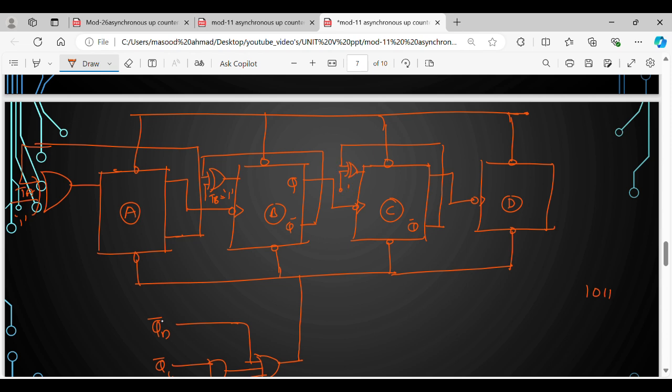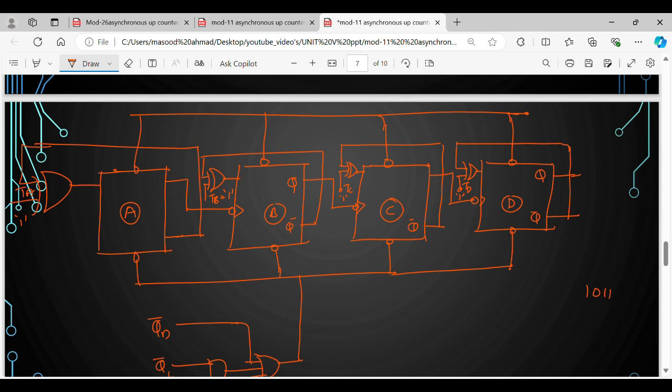This is TC, generally we will connect it to 1. Similarly, this is Q, this is Q bar, connected to the XOR gate, connected to the input, to the feedback. Another input to that is TD, which is generally 1.